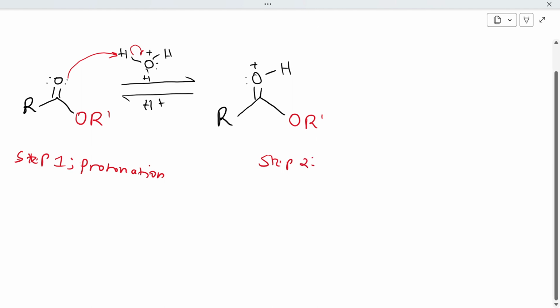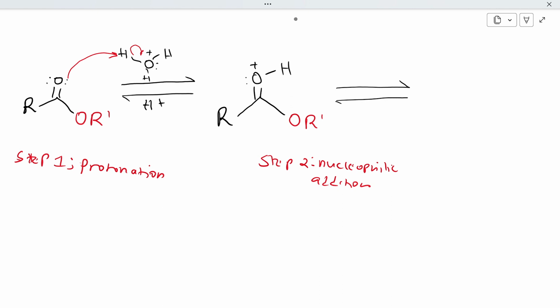In step 2 I'm having nucleophilic addition. Now I'm having alcohol in my sample, and the alcohol, I'm going to pretend that the carbon chain of the alcohol is going to be R pi 2 bonded to OH with the lone pair and a lone pair at the bottom.